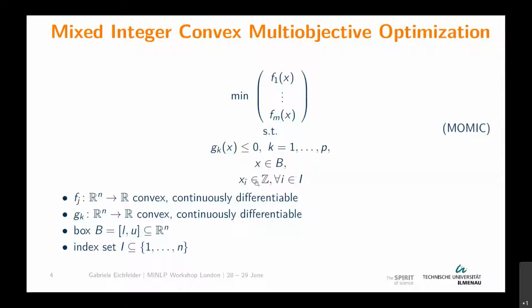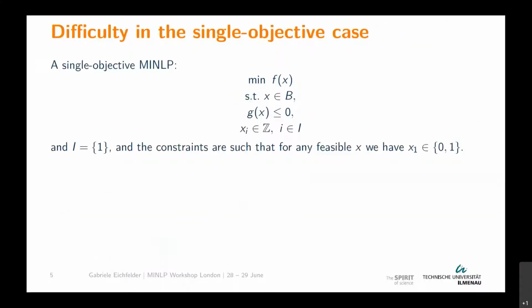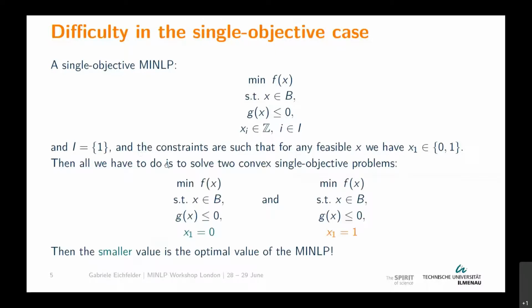You're already familiar with the fact that single objective mixed integer problems are difficult to solve, but for some very specific situations, they are not difficult at all. Let's have a look at such a situation. For instance, if you have only one integer variable and this variable is even binary, so it can only take the values 0 and 1, then you would not say that your problem is difficult to solve, because you would just fix your variable x1 first to 0 and then to 1.